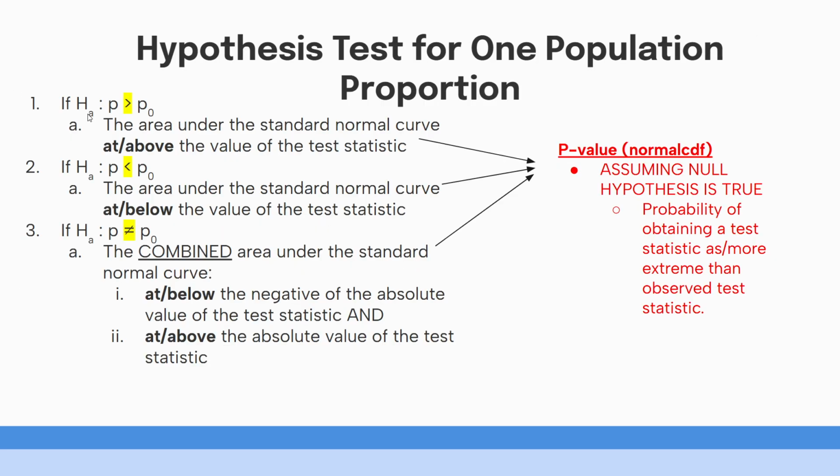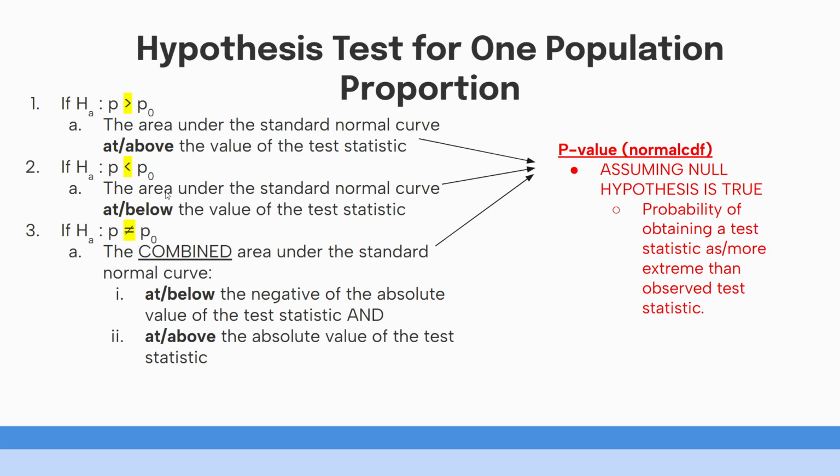If the alternate hypothesis is that the true parameter is greater than our null proportion, then we calculate the area under the standard normal curve at or above the value of the test statistic that we obtain. If it's less, we do at or below the value of the test statistic.